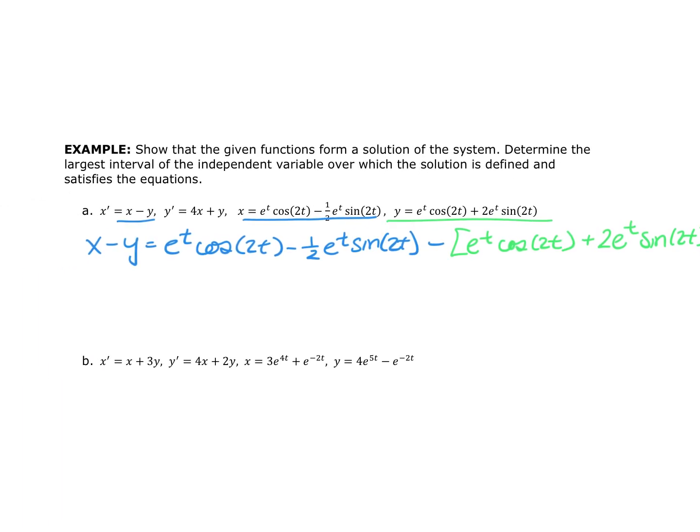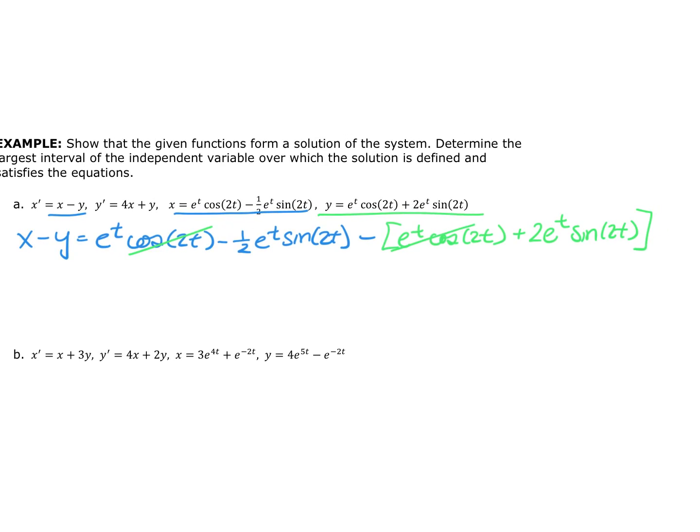I'm just going to simplify this, and you can see my e to the t cosine 2t and my negative e to the t cosine 2t are going to cancel out. This will end up becoming, I have negative 1/2 and then I have minus 2 more. So that gives me negative 5 over 2 e to the t sine of 2t.